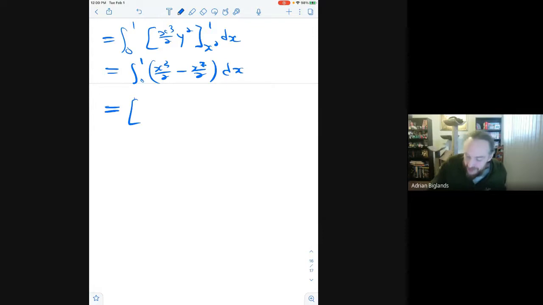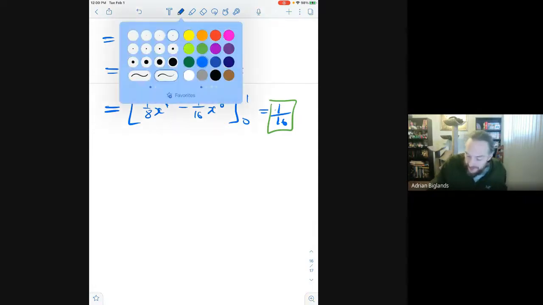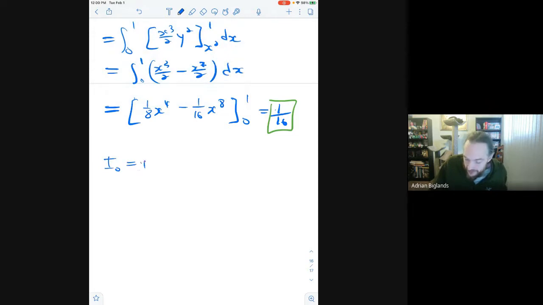This is going to be 1 over 8 x to the 4 minus 1 over 16 x to the 8 evaluated from 0 to 1, which should be 1 over 16. And then finally, if they want I0, which would just be Ix plus Iy, is going to be 1 over 10 plus 1 over 16, which is 13 over 80.